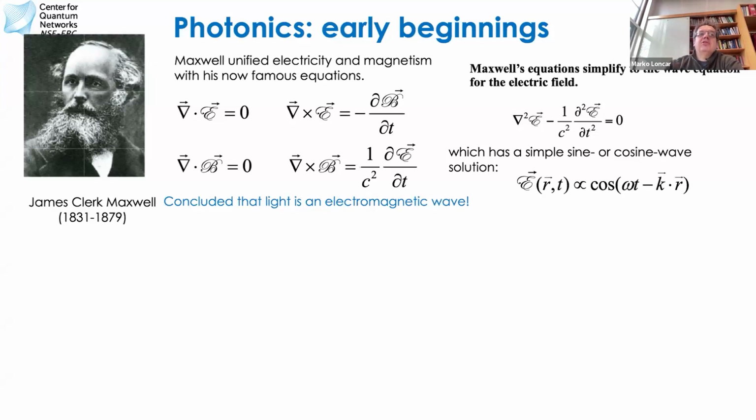Maybe just a little bit of historic perspective. Photonics as a discipline didn't start with the invention of lasers and optical fibers, and we'll say a few more words about it in a few slides.